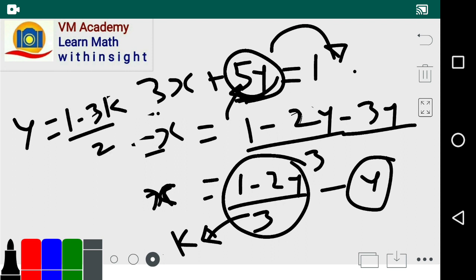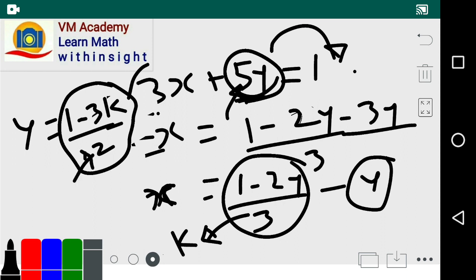Now again friends, this y should be an integer. So (1 minus 3k) by 2 should be an integer. If 1 minus 3k is even, then when an even number is divided by 2, it gives an integer.